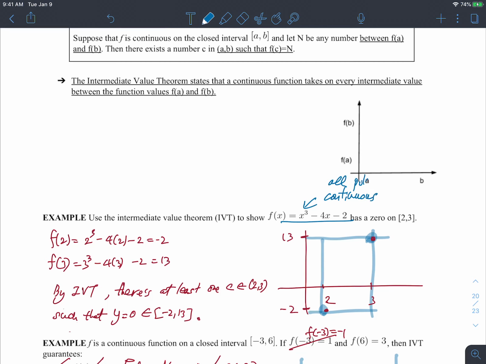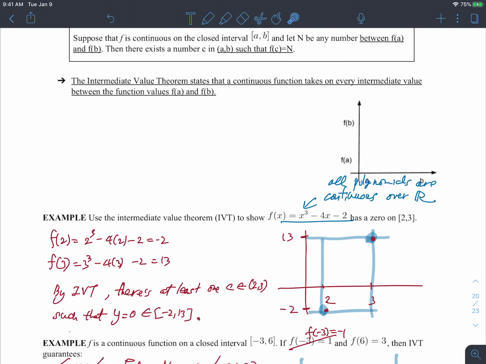All polynomials are continuous over the real numbers, so we know it's guaranteed to be continuous. It doesn't really matter whether it looks like this or like this. You don't really have to take the time to graph it at all, because the key thing is that it is continuous.